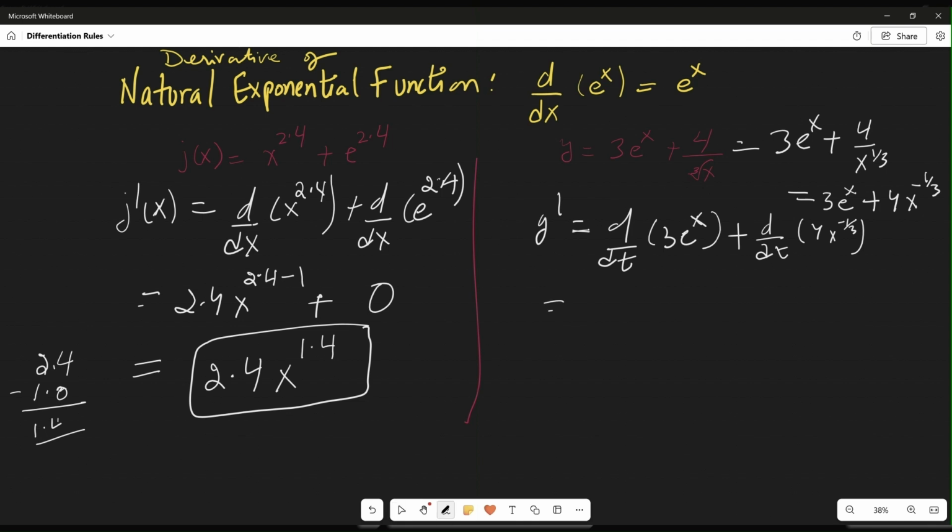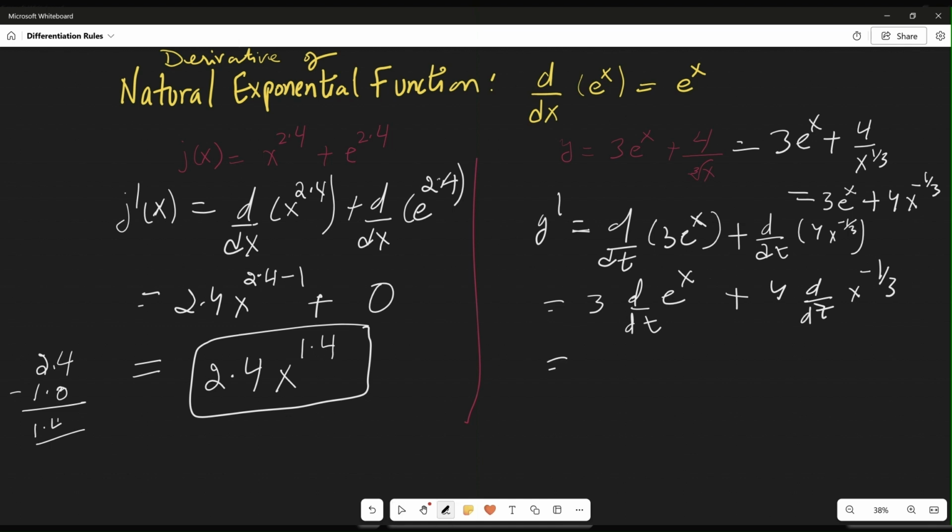Okay, here constant multiply rule here is 3 times derivative of, okay, this is with respect to x, you can write this as d over dx, right? Either way, okay, so this is e to the x plus, again, constant multiply rule here, 4 times derivative of x to the negative 1 over 3.